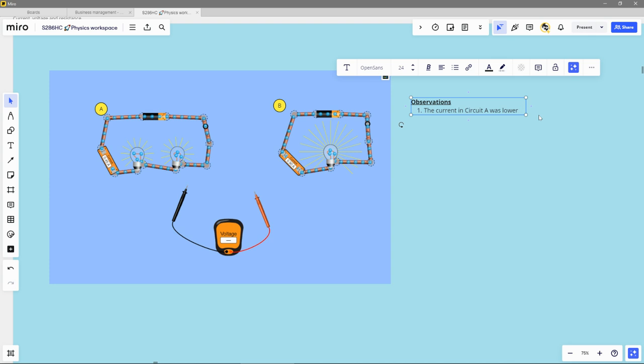In fact, we can be more specific, and that was half of that in circuit B. We can say the electrons were moving more slowly in circuit A.